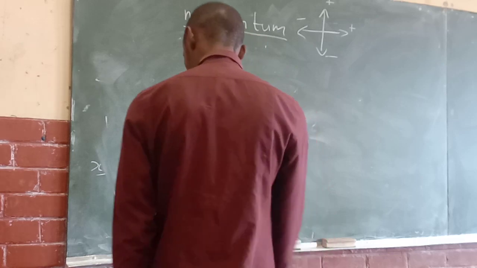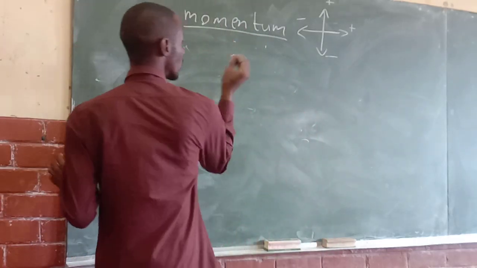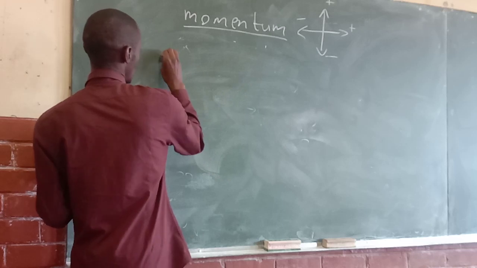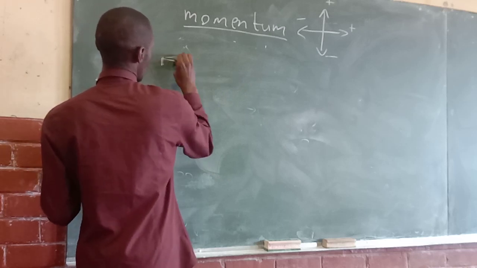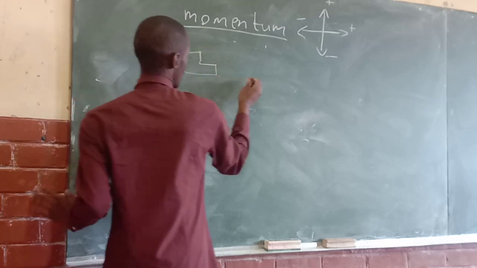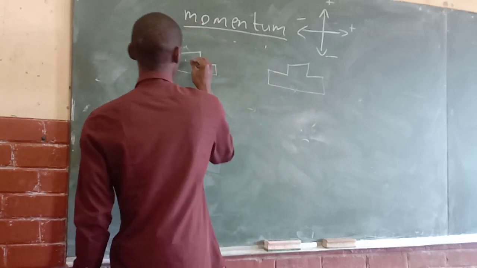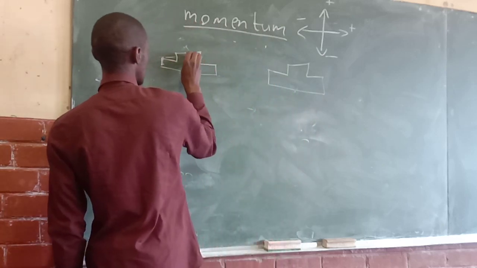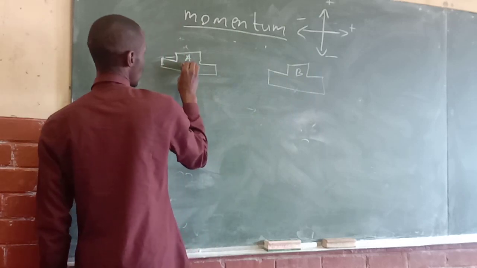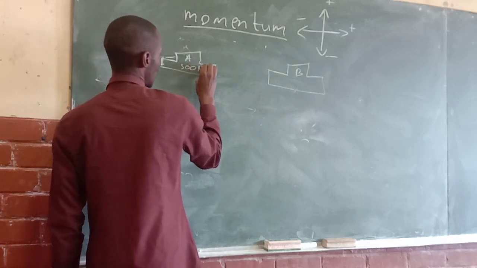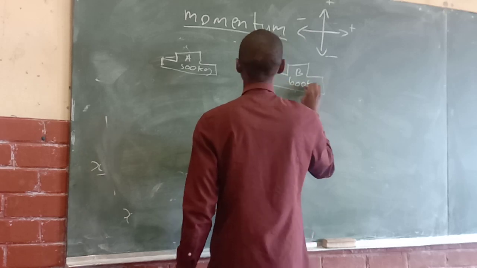And then the last example, I'm going to make a scenario involving two objects. So let's just say we've got a car, and we've got a second car. I'll name the first car A, and the second one B. The first has a mass of 500 kilograms again, and the second one has a mass of 600 kilograms.